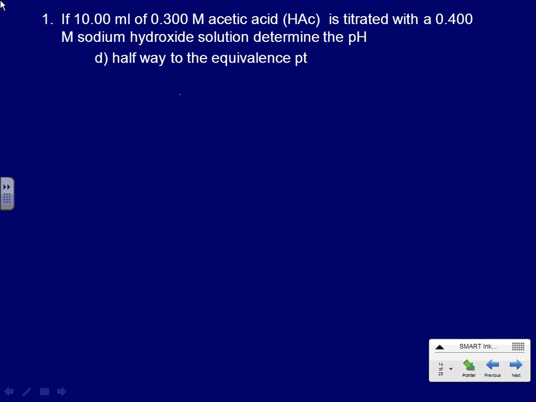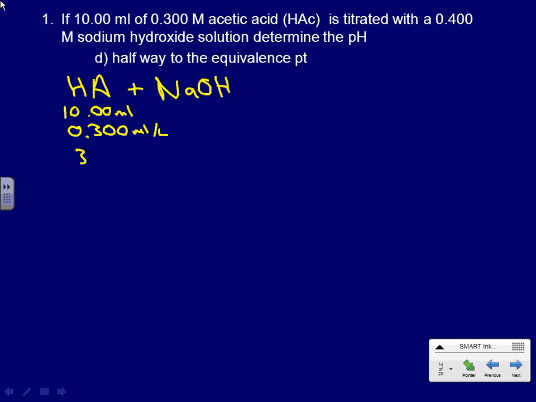We're going to backtrack now. We're going to go halfway to the equivalence point. This is an important part on a titration curve. We're now getting very good at this because we've done it multiple times. We're reacting it with NaOH. Again, 10.00 milliliters, we're getting the idea. 0.300 moles per liter. This is 3.00 millimoles.